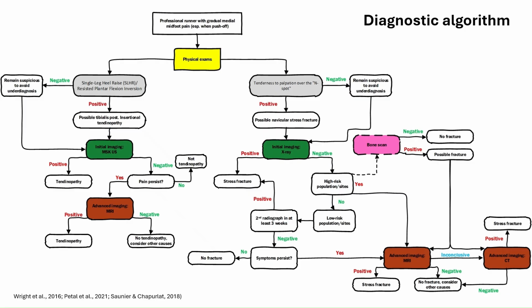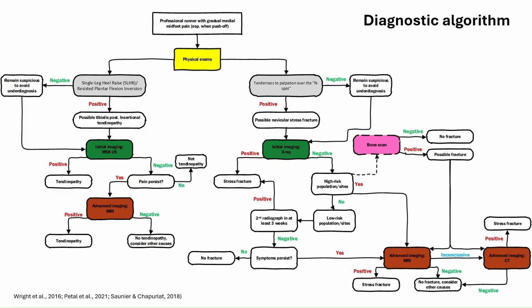If the initial X-ray is negative, it's important to consider whether the patient belongs to a high-risk population and whether the affected site is a high-risk location for stress fracture. If the patient is at low risk or the site is at low risk, a repeat X-ray should be performed after at least 3 weeks.